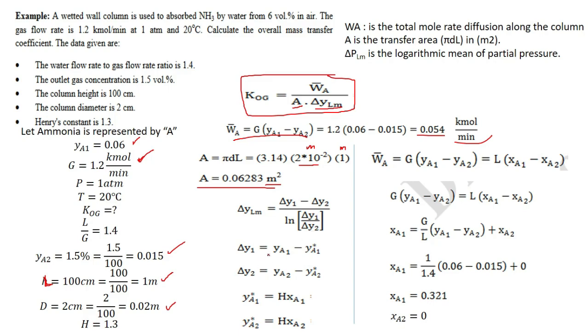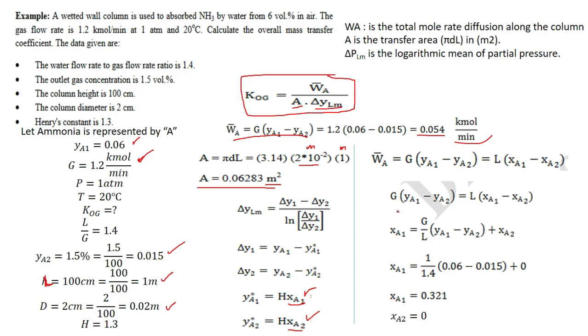For delta y1 the formula is ya1 minus ya1 star. For delta y2 the formula is ya2 minus ya2 star. So A star means equilibrium expression. So for this you will use Henry's law. Ya1 star is equal to hxa1, ya2 star is equal to hxa2. So you don't know about xa1 and xa2.